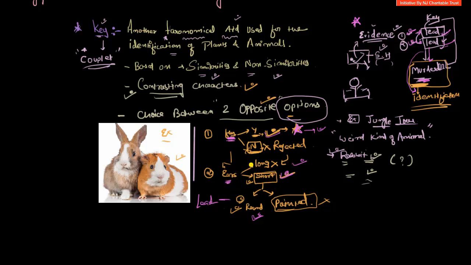Do they have fur? Yes. Lead to? What kind of ear, long or short? Short. Lead to the next one. Round or pointed? Round. Lead to the next one. This is how it works. Each statement, its key, is called a lead.